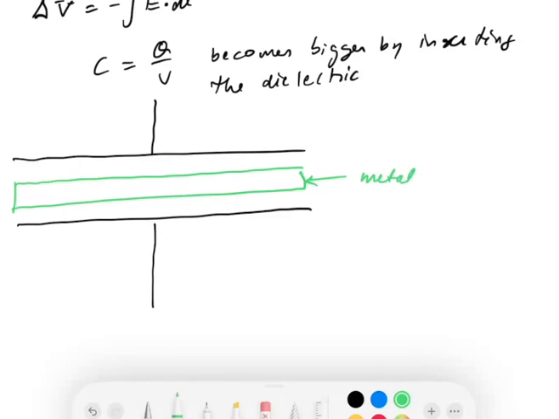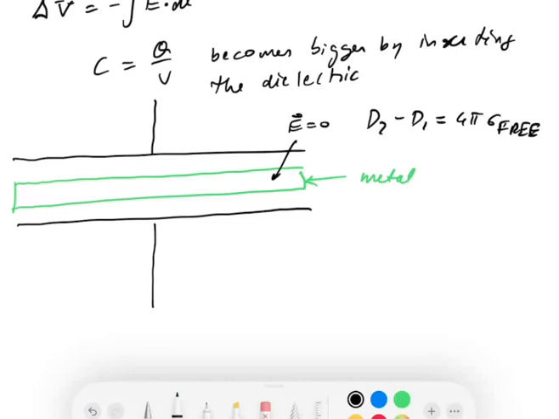The boundary condition is still the same. So you still have D2 minus D1 is 4 pi sigma free. But your E field is 0 here, right? So E field here is 0.